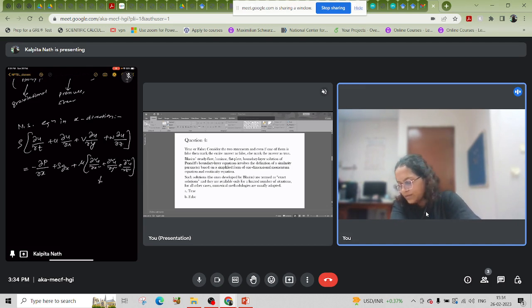This is viscous force. This is gravity force, that is body force. This is pressure force. This is acceleration.